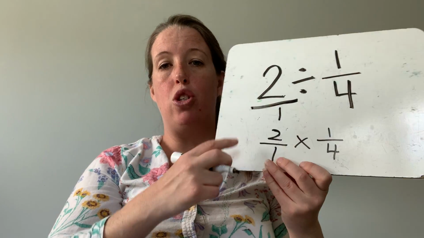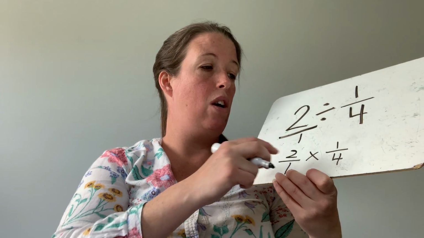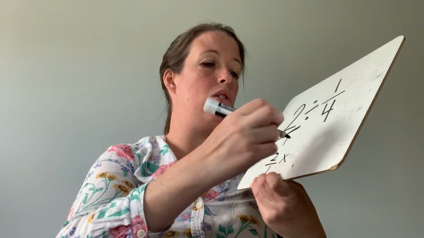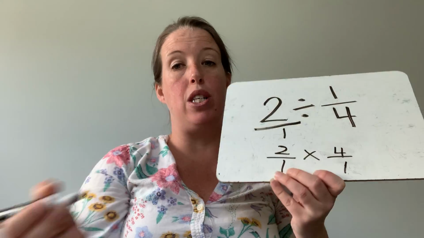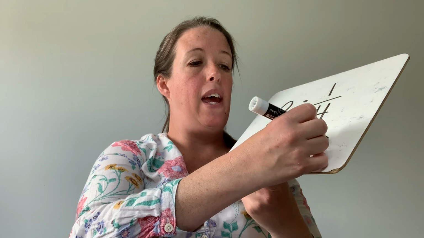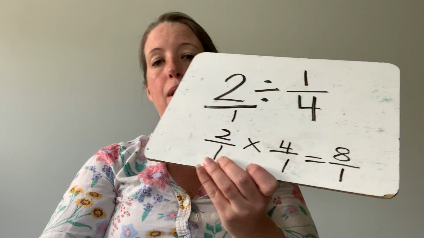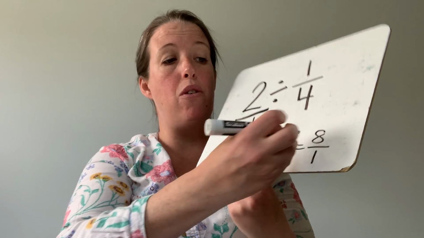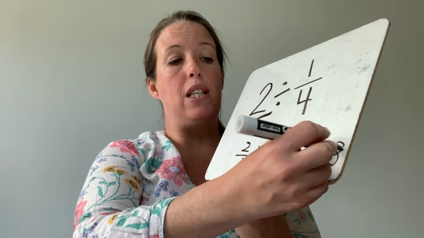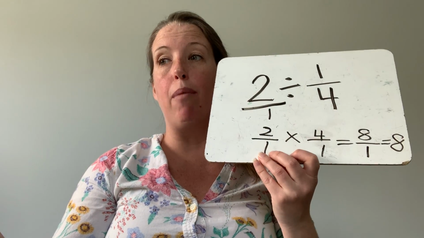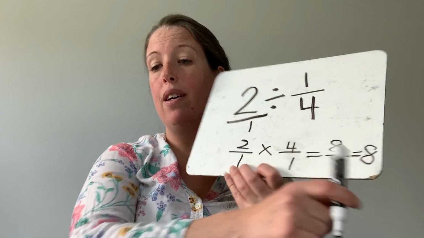So it becomes 2 times, oh, I never flipped it. 2 times 4 over 1, which is the same as 4. And it becomes 8 as my numerator, 1 as my divisor, which is the same as just 8. So how many 1/4 cup servings? I'll have 8 servings. That's how I solved that one. All right, let's look at another one.